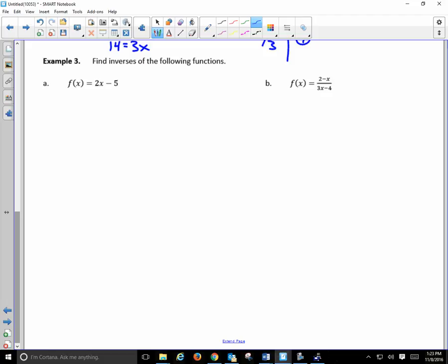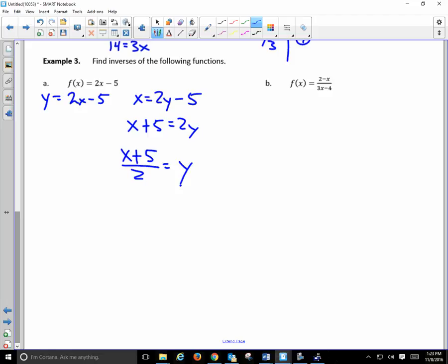Let's find inverses. In order to find inverses, I take y is equal to 2x minus 5, and I change it to x equals 2y minus 5. And I have x plus 5 is equal to 2y. So x plus 5 divided by 2 is equal to y.